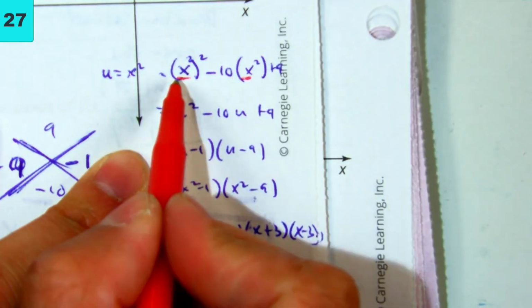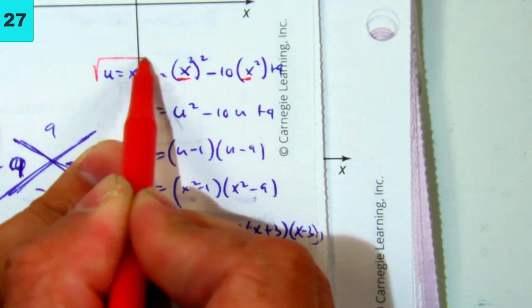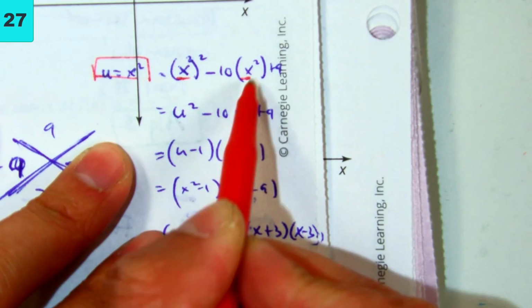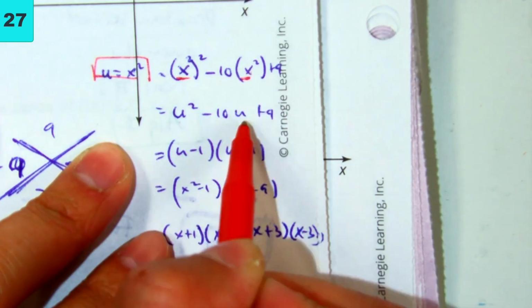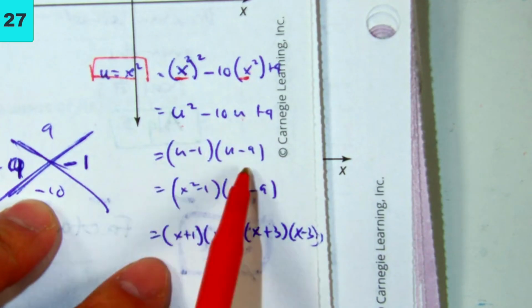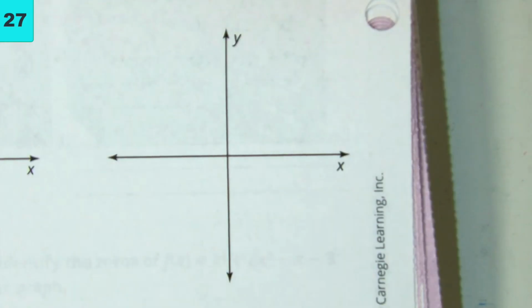And essentially what happens is that x squared becomes whatever I chose, and that was in this case u. So I have u squared minus 10u plus 9, so instead of writing x squared, I'm writing u. And then I just factored that. Okay? But for those who are doing Xbox method, let's do that together.